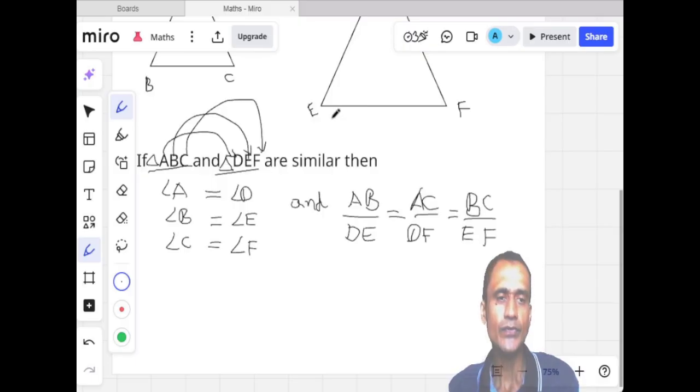It was sufficient if we knew that two sides are equal and the angle between these two sides is also equal. Then also we could state that the triangles are congruent. Similarly, we will study here certain theorems which will help us know whether two triangles are similar or not.